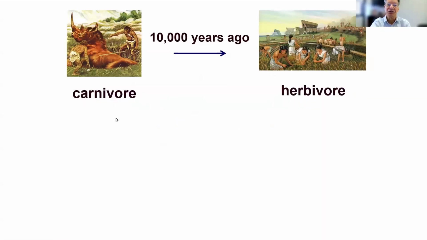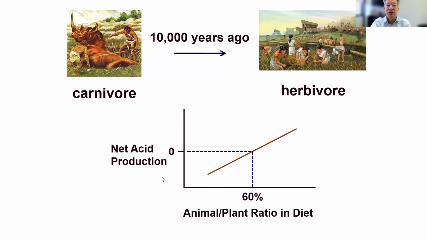Our diets also changed around 10,000 years ago when we went from being carnivores to herbivores, where we had more plants and vegetables in our diets, which changed the net proton load. It turns out that if we have a ratio of animal to plant food in our diet of about 60%, the net acid production is 0.